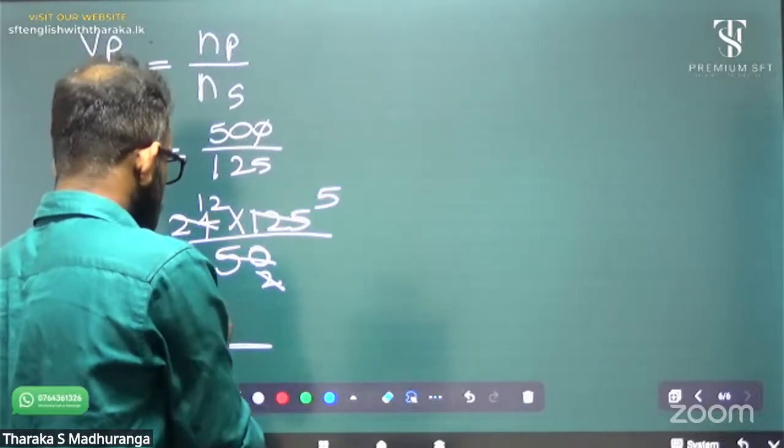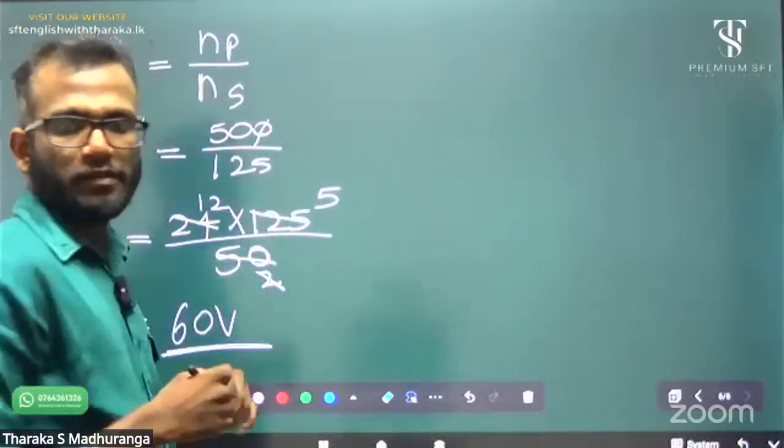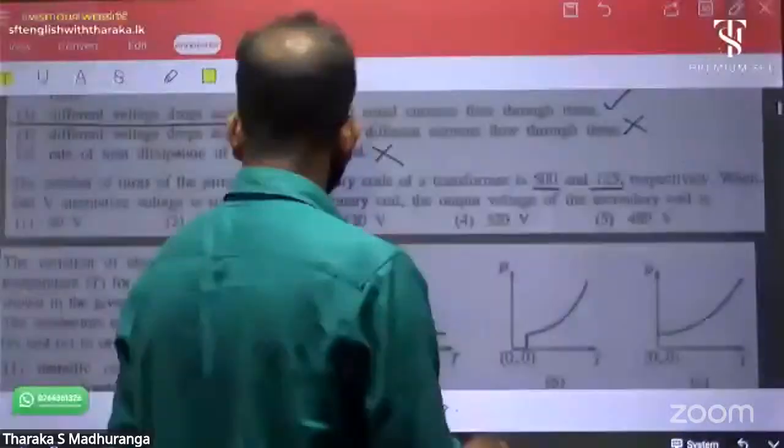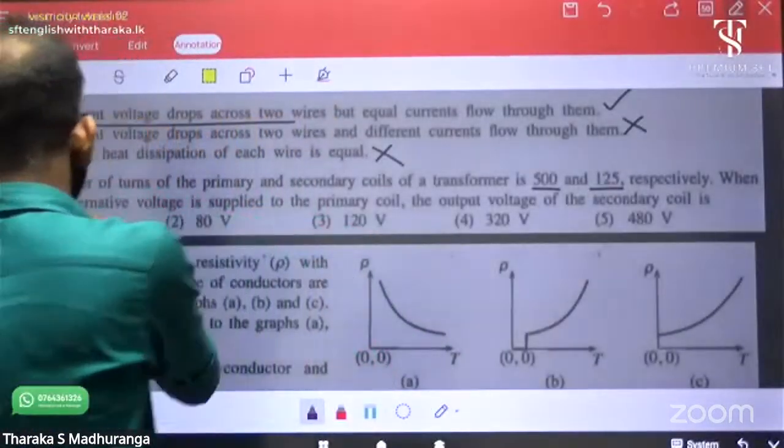It's 60. Vs is 60 volts. Answer number 1.